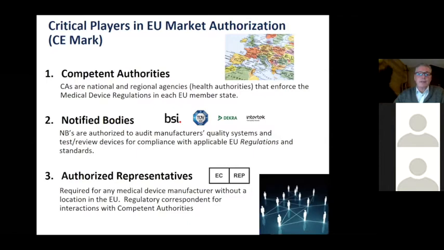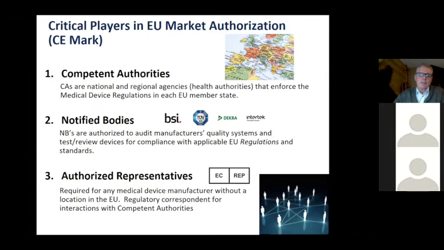The notified bodies, those are commercial entities that the manufacturers actually pay to come in and audit their quality systems and to test and review their devices to ensure that they are compliant with the European Union regulations and standards, and then report back to the competent authorities that the device is compliant or is not compliant, based on the notified body's assessment as well as that of the competent authority. The competent authority will essentially bless the product for a marketing authorization.